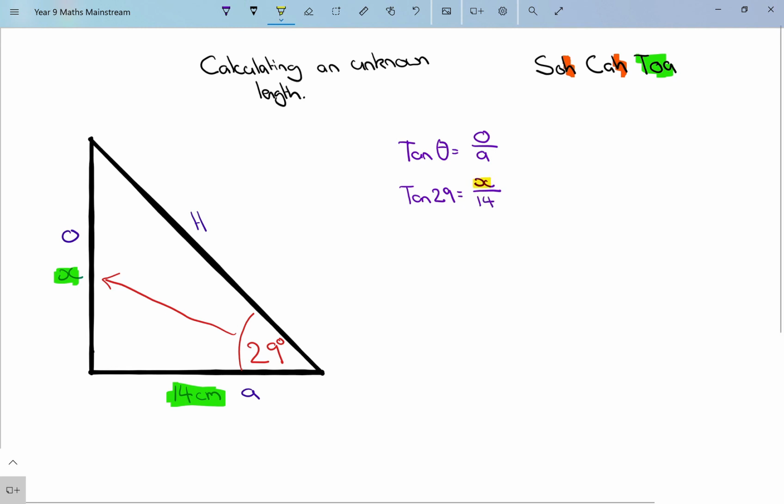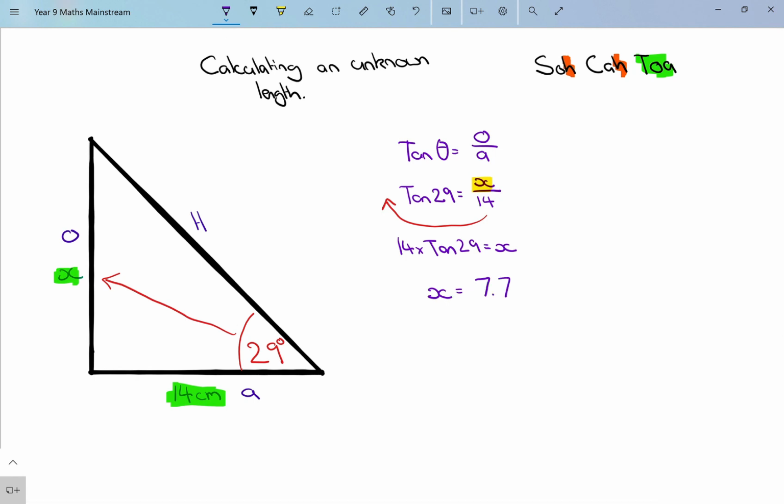Now that we're looking for that variable that's at the top of that fraction, all you need to do is times the left side by 14 and you'll get your answer. So 14 times tan 29 equals x. And normally you rearrange it so your x is on the left, so x equals 7.76 centimeters.